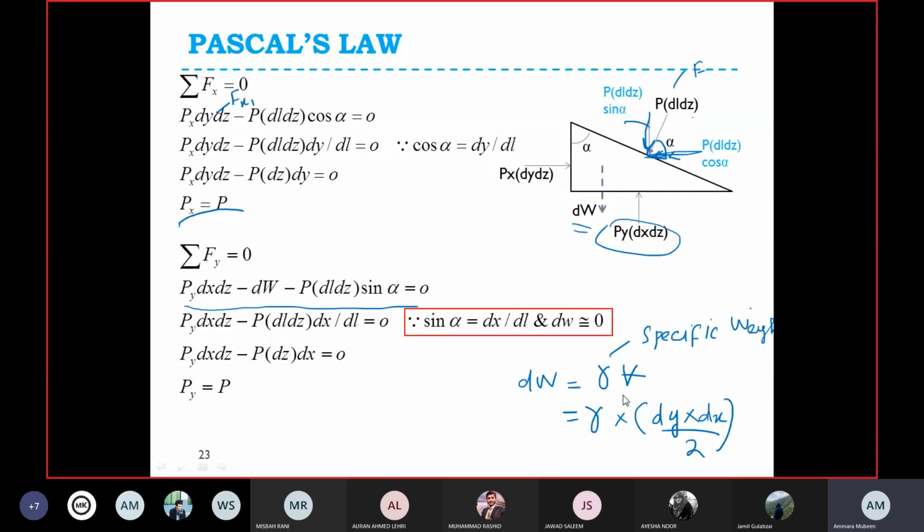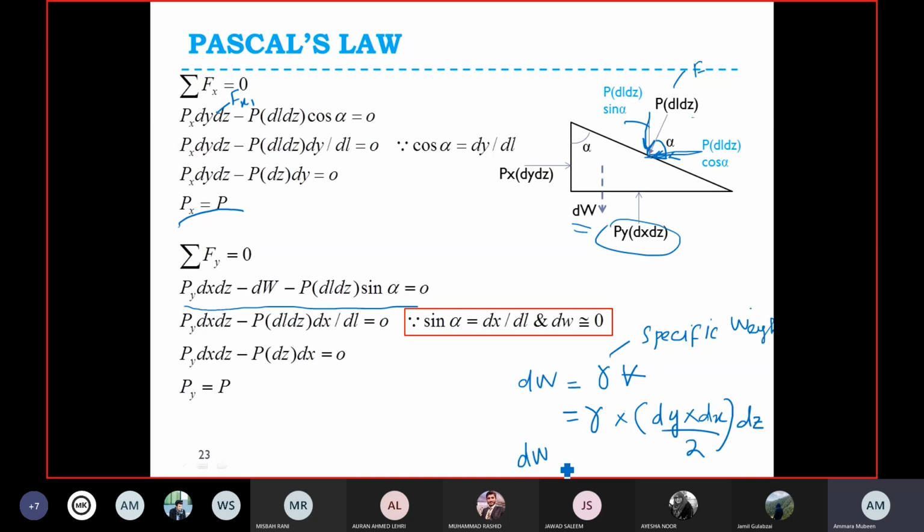This would be the volume of the wedge shape element, and multiplied by gamma it will give you dW. But since this is the product of three differential dimensions, dy multiplied by dx multiplied by dz, it would be very small.